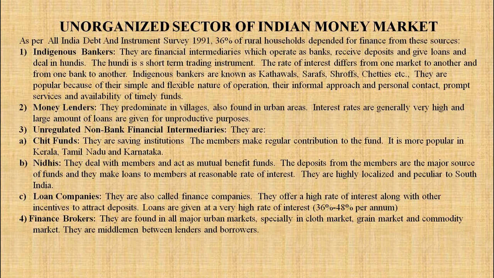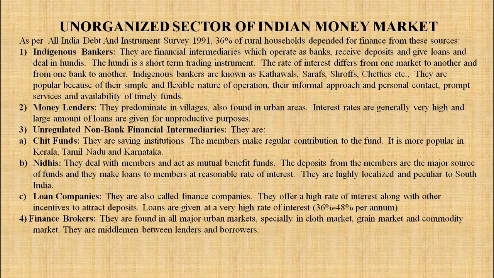In unorganized sector, the first one is indigenous bankers. We can say that traditional bankers. They are financial intermediaries which operate as bank, receive deposit and give loans and deal in the hundis. The hundi is a short-term trading instrument. The rate of interest differs from one market to another and from one bank to another.